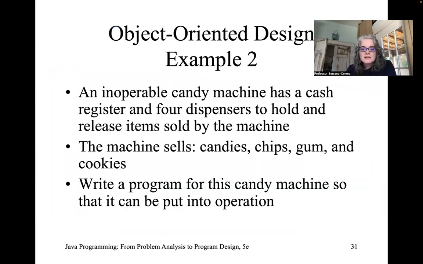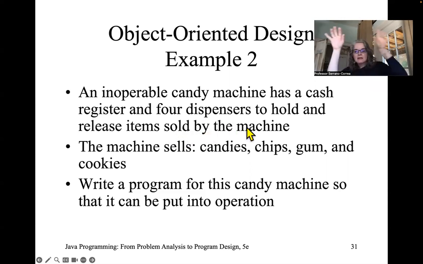So here's another example of a problem. This problem says, an inoperable candy machine has a cash register and 4 dispensers to hold and release items sold by the machine.